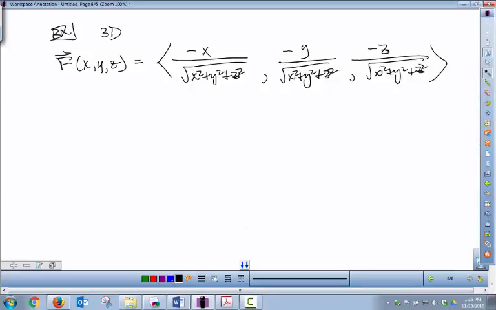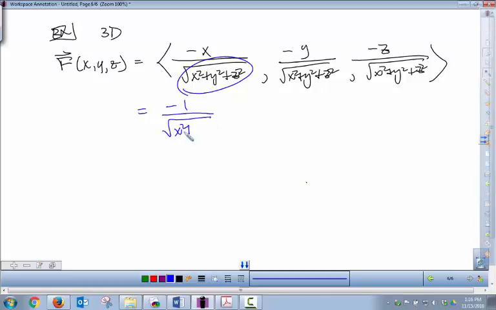And I was going to ask about this business. This looks like it makes it into a unit vector, because that's just the magnitude of x, y, z. If you imagine taking out a -1 over the square root of x squared plus y squared plus z squared, all you would have left is x in the x component, y in the y component, and z in the z component.